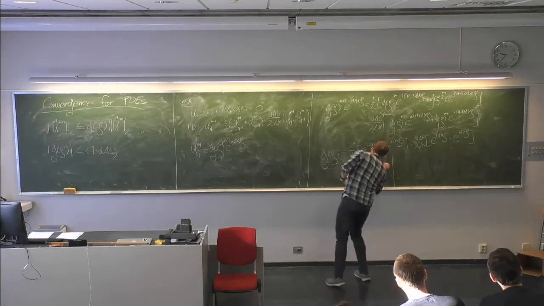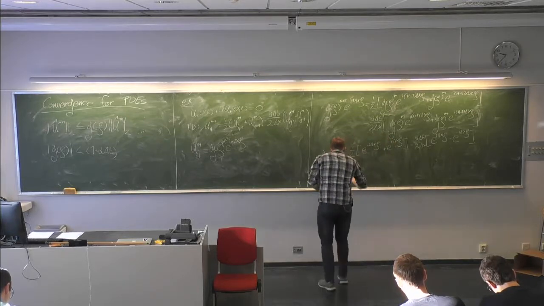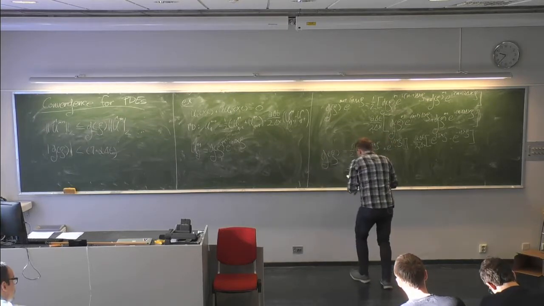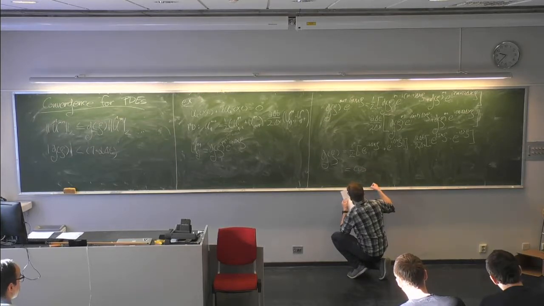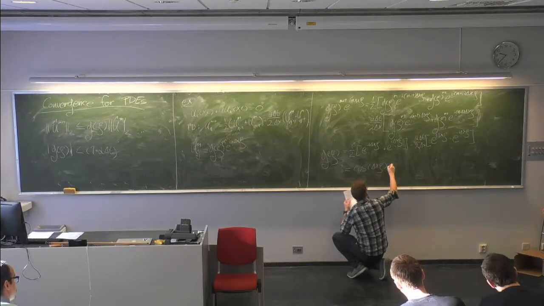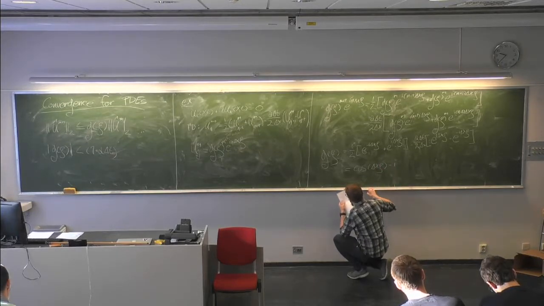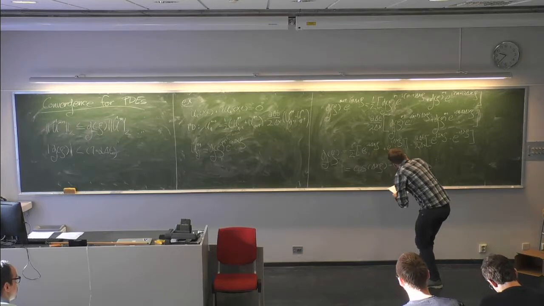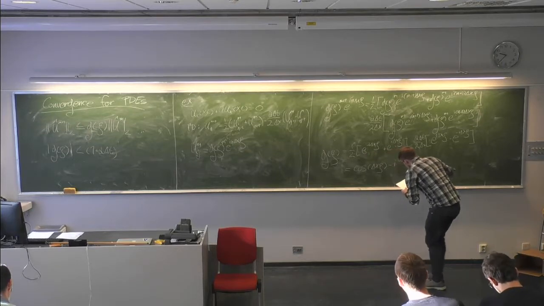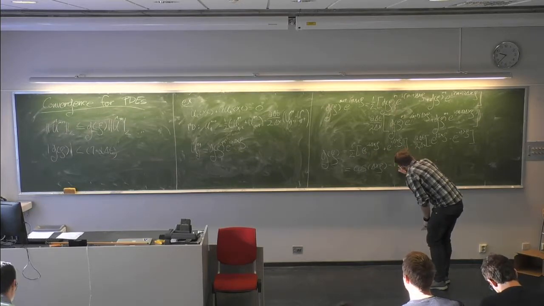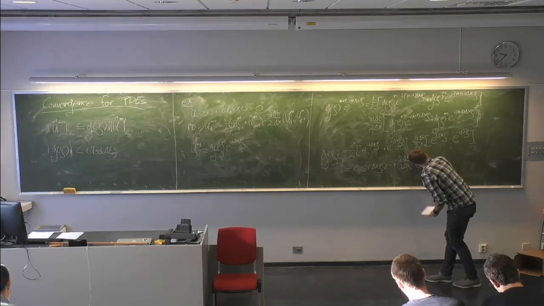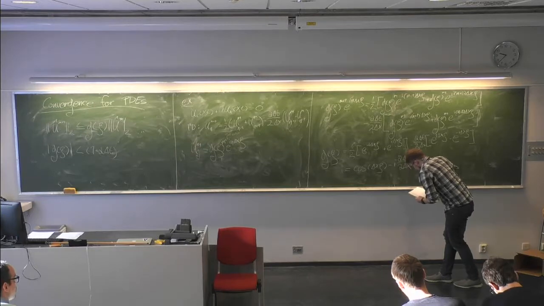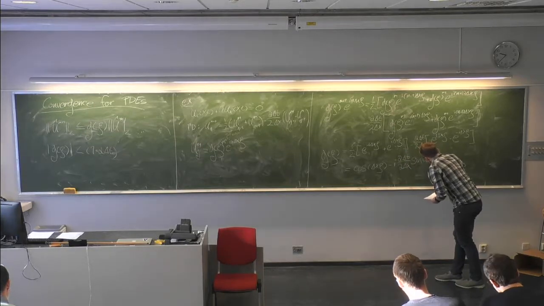Using some, I guess you'd call it trigonometric identities, we get cosine delta x minus i, a delta t over 2 delta x.